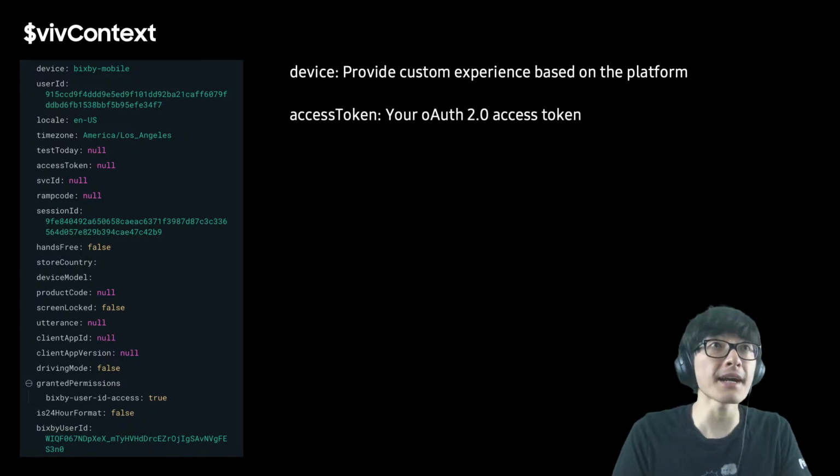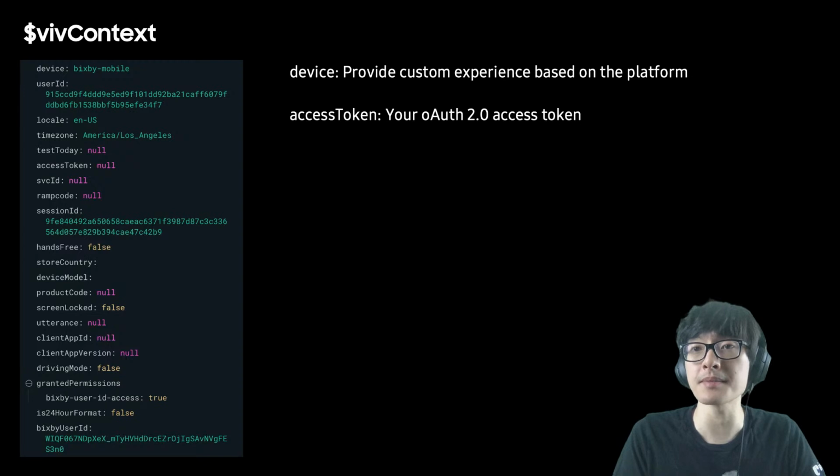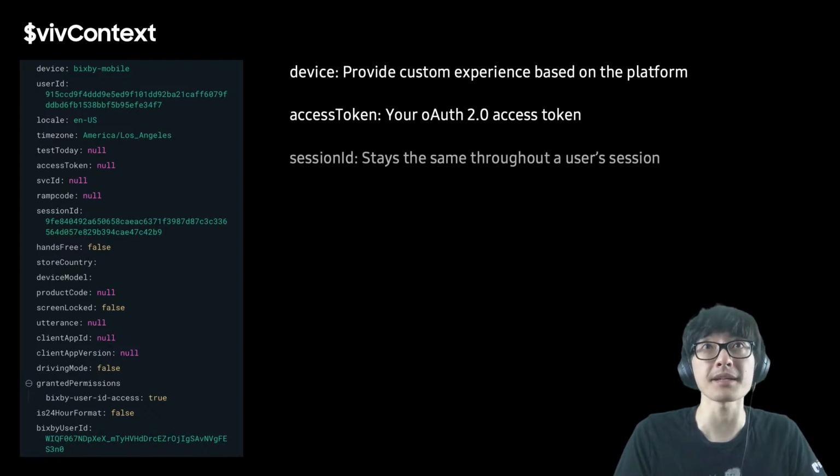Now you can also have access to the access token, assuming that you have your OAuth 2.0 rigged up to your capsule. In the chance that you do need the access token at the JavaScript level, you can grab it in the Viv Context object. Now the session ID is the current conversational session's ID.